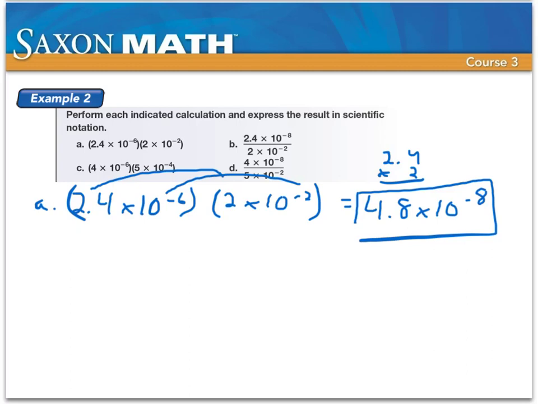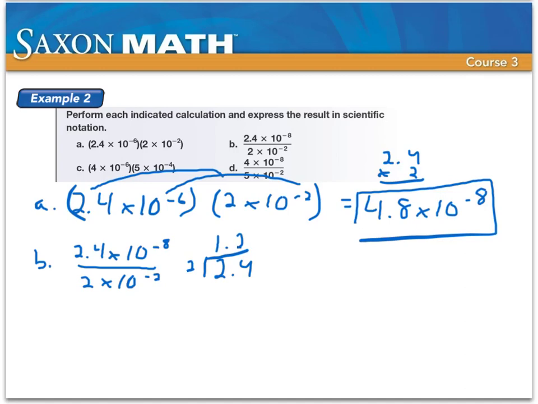Okay, so part B. This is 2.4 times 10 to the -8th divided by 2 times 10 to the -2nd. So again, on this one, we're going to divide the number parts because it's a division problem. So we're going to take 2.4 divided by 2, which is 1.2.